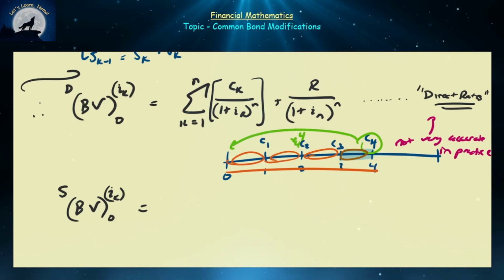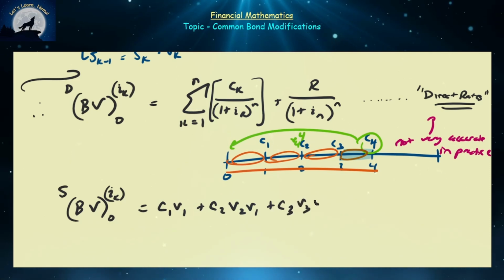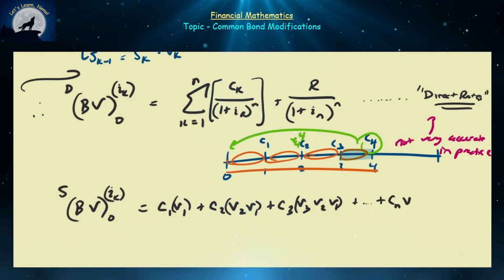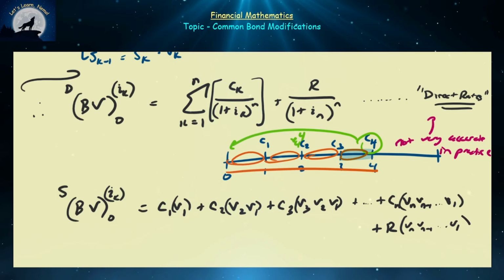C1 is going to be discounted by nu1. C2 is going to be discounted by nu2 followed by nu1. Then C3 is nu3, nu2, nu1. That goes all the way down to our last one, Cn, which is nu n, nu n minus 1, all the way down to nu1. And then plus r times nu n, nu n minus 1, all the way down to nu1.